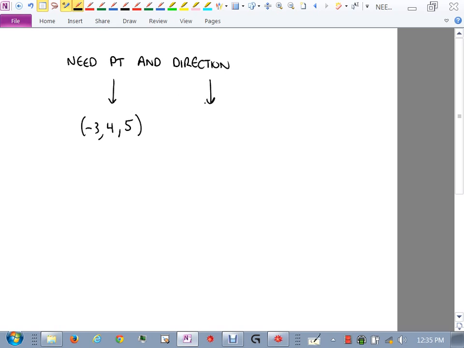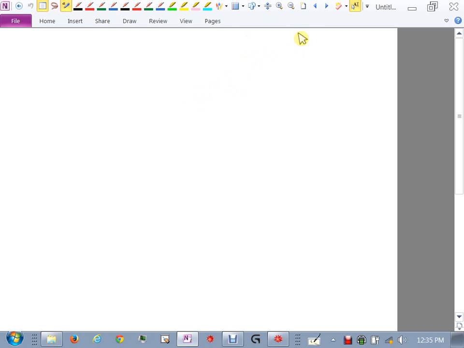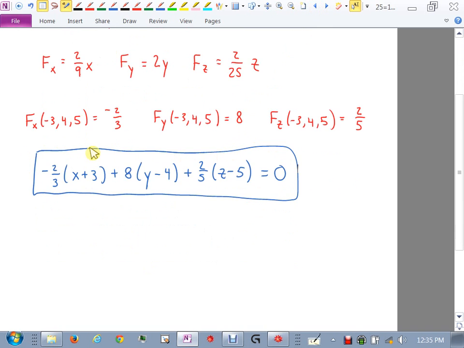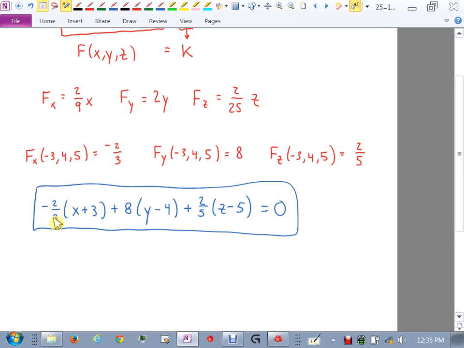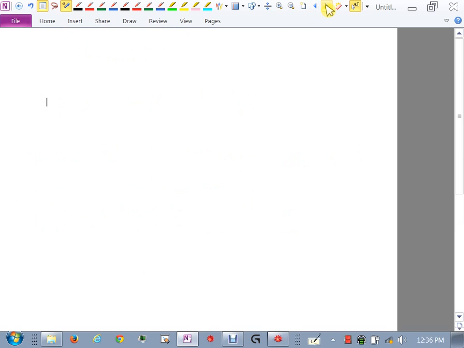I also need a direction, but I'm going to use the normal vector of this plane, which we found to be, this right here, -2/3, 8 2/5.